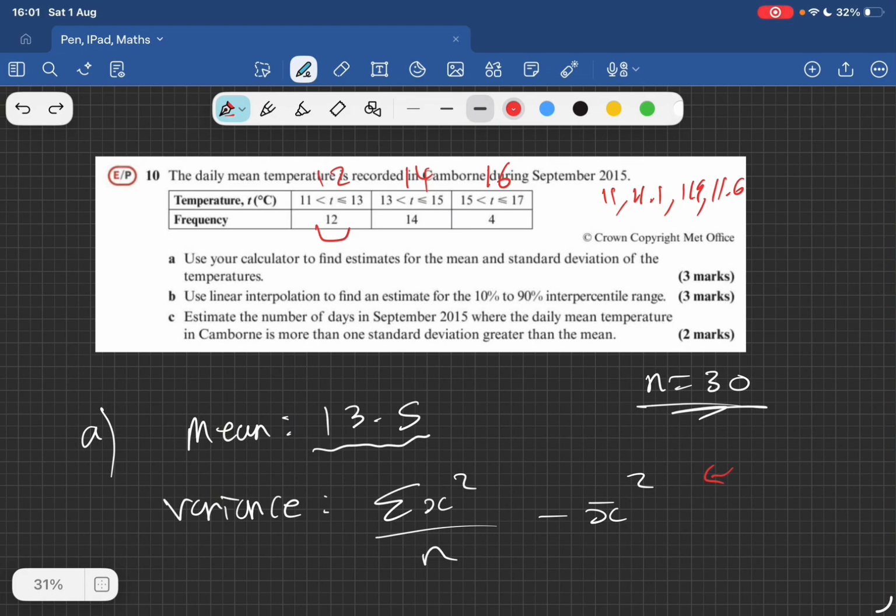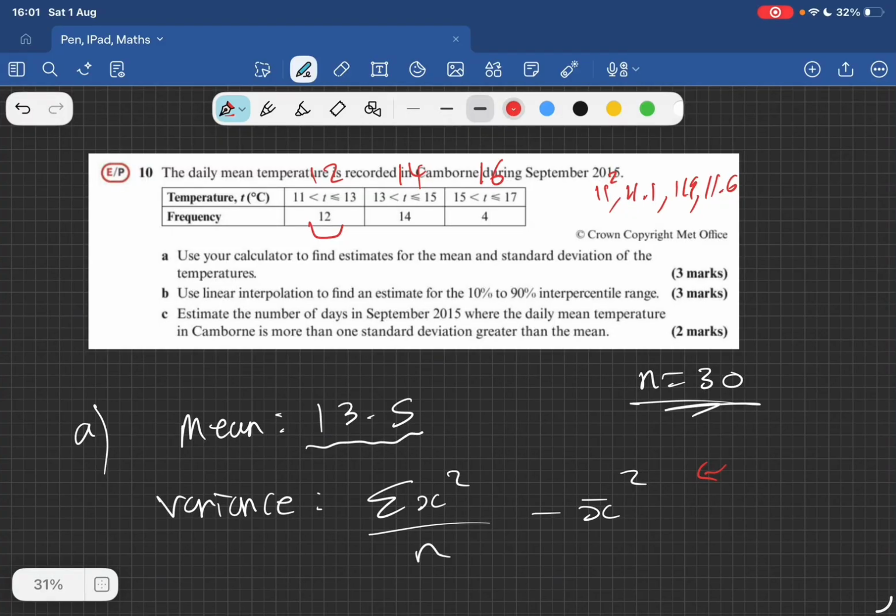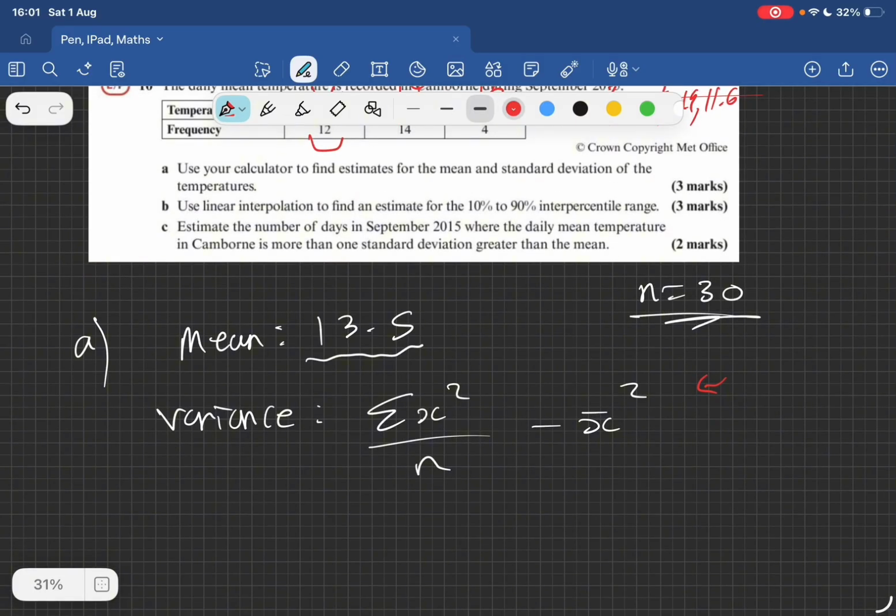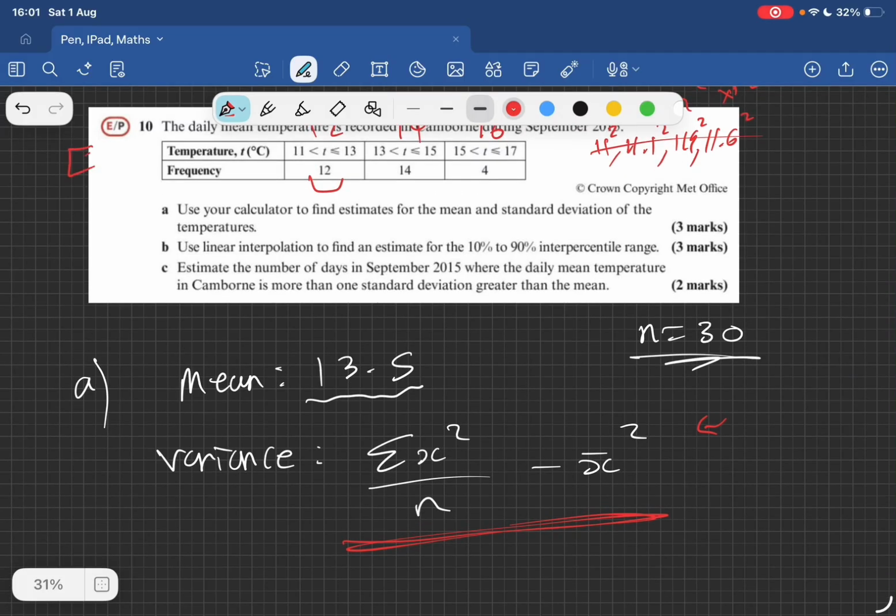We're not doing 11 squared plus 11.1 squared plus 11.5 squared plus 11.6 squared. We're just saying all of these are 12, so 12 squared, and then we've got 12 of them. Even though we've been given this formula, it's important to understand what's going on and to be able to use this with frequency or whatever data points we end up getting.